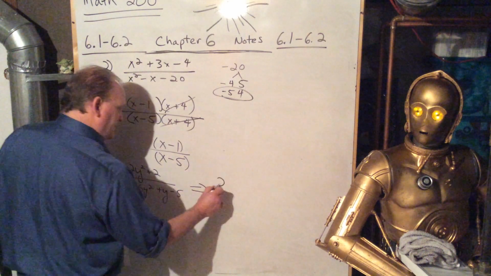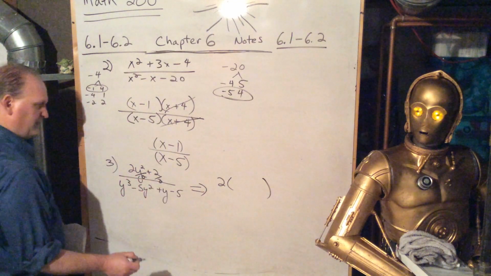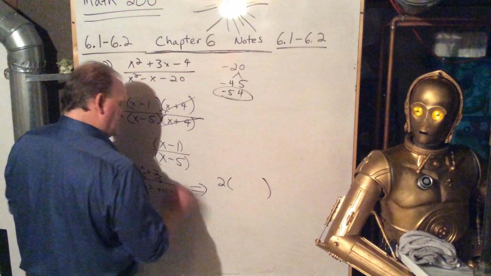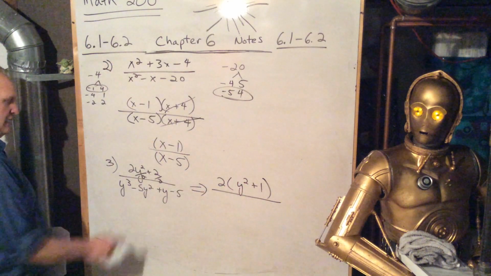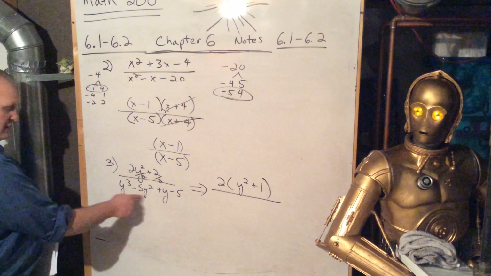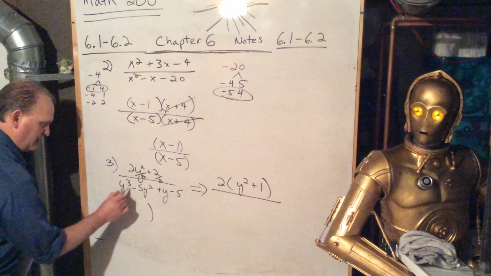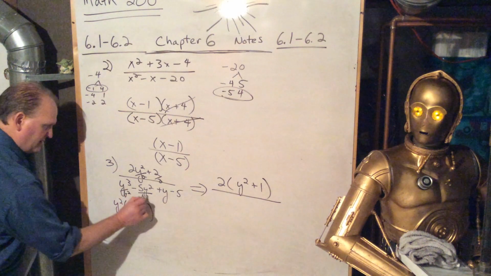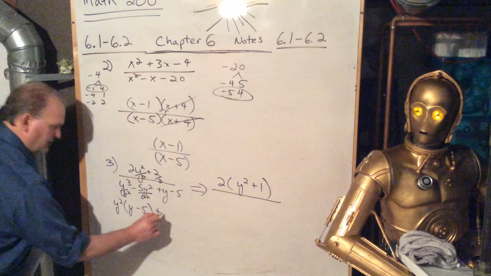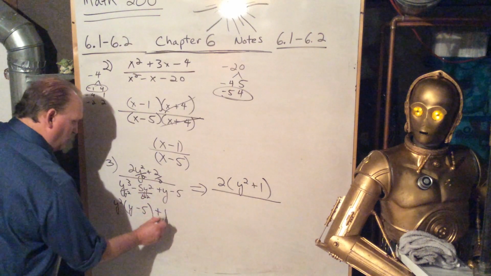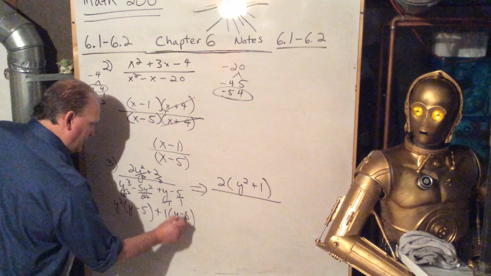I'm going to factor a 2 out front, divide those both by 2, we get y squared plus 1 left-hand side. And we do factor by grouping here. I'll do it underneath. Factor out a y squared, divide that by y squared, divide that by y squared. We get y minus 5, still a plus there. Factor out a 1, divide that by 1, divide that by 1, y minus 5.